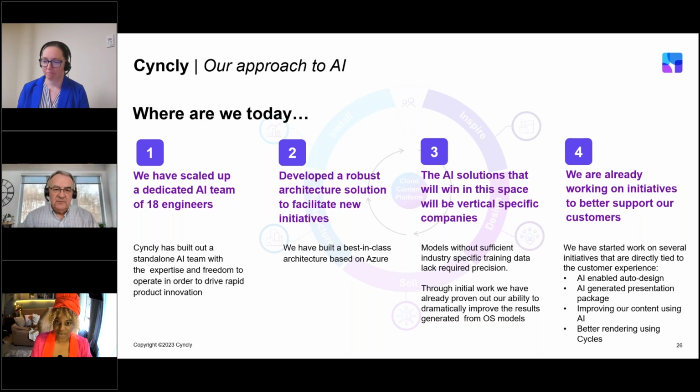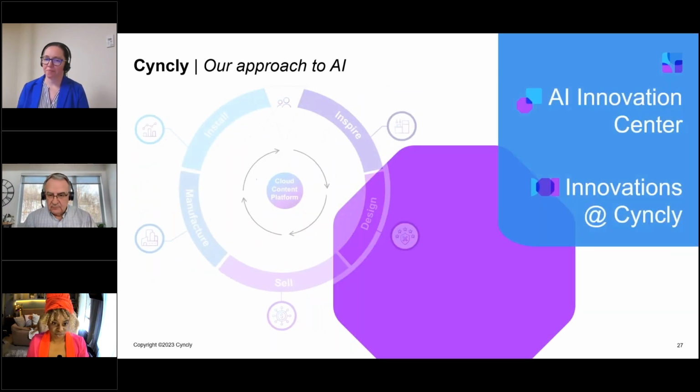Last slide. Where we are today, as I told you, we now have an AI Innovation Center. These engineers are focusing on how to better use AI within our own products. We also have an internal initiative at Syncly called Innovation at Syncly.